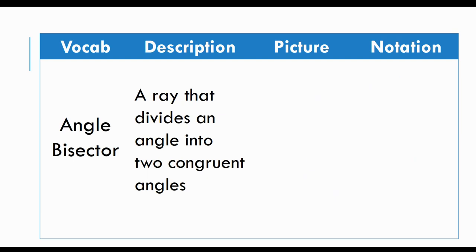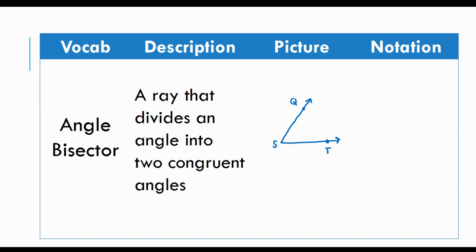An angle bisector is a ray that divides an angle into two congruent angles. We've already talked about what it meant to bisect a segment. Well, now it's the same idea for talking about an angle. So let me sketch a picture. Here is an angle. I'm going to call this angle QST.